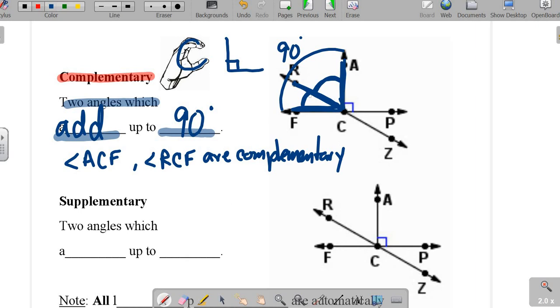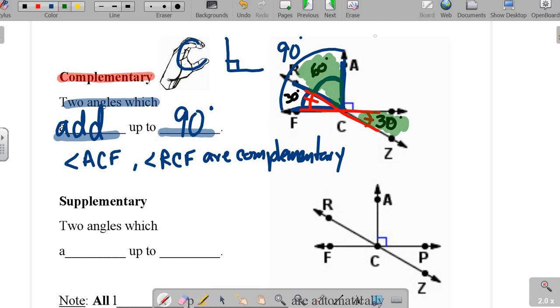Applying the whole vertical angles, the fact that these two angles are congruent to each other, we can indirectly apply, for example, if this was 60 degrees, we know this would be 30. Which would imply, because of the vertical, that this angle here would be 30. So we can also say that this angle and this angle are complementary.